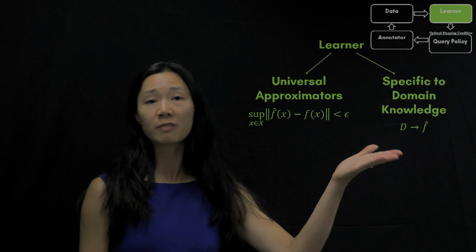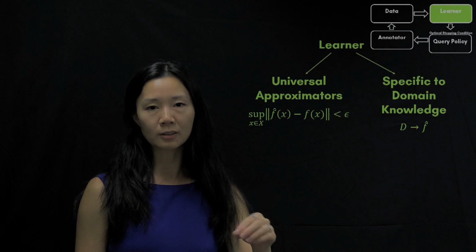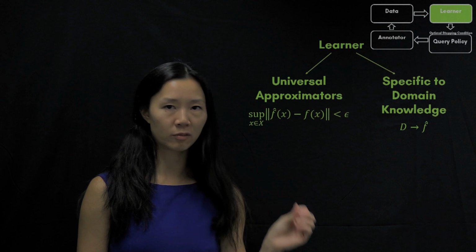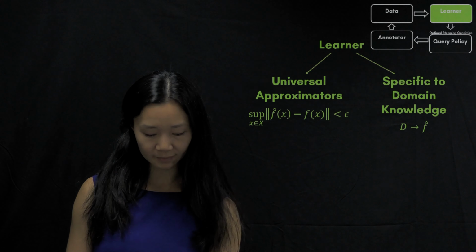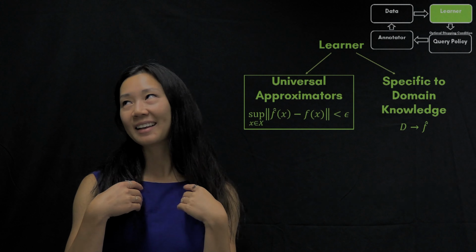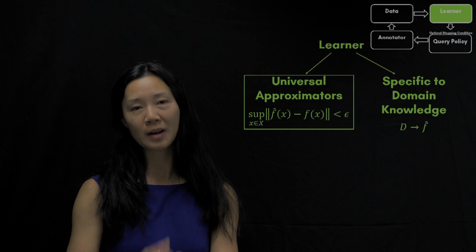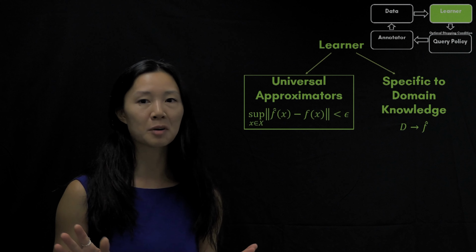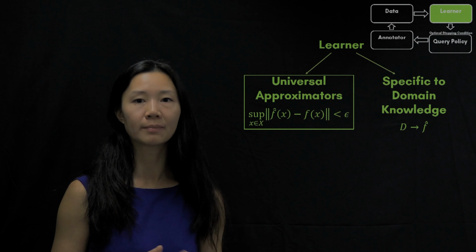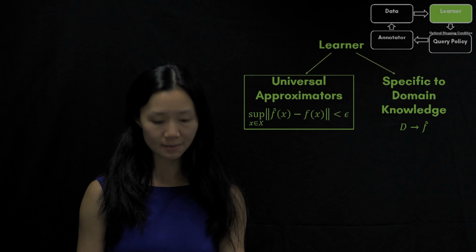So in a way, you are very much using your domain knowledge and then refining and learning the parameters based off of the training data set. But because I want to be as agnostic as possible and as helpful to you out there, I'm not going to assume very much about the domain information at all. We are going to talk about universal approximators in this video series.